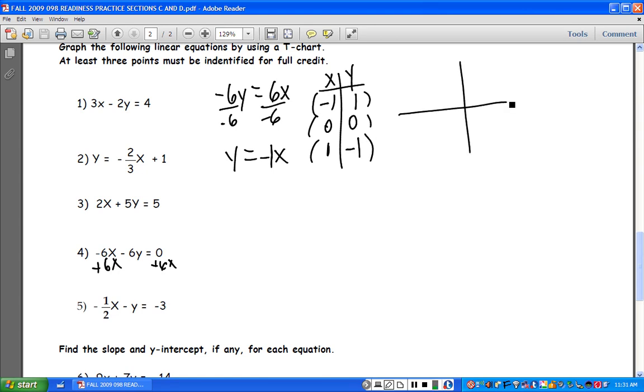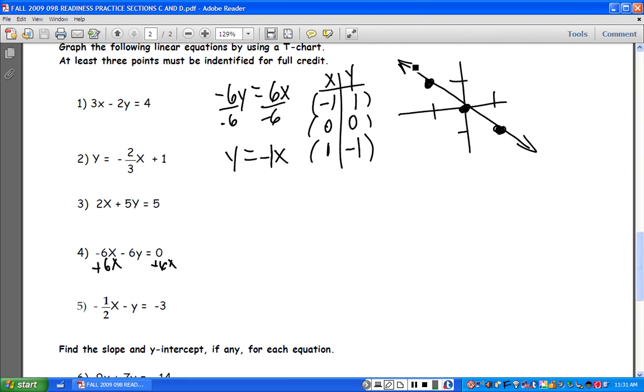So real easy to graph. So -1, 1; 0, 0; and 1, -1: over 1, down 1. And so this one is very easy to graph.